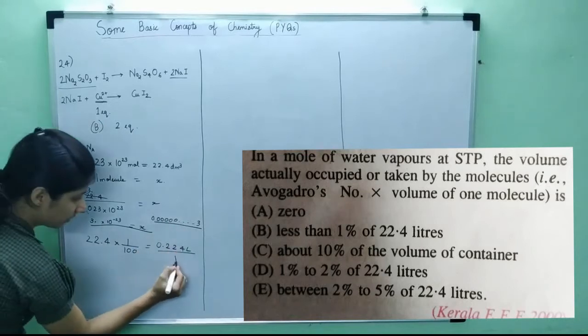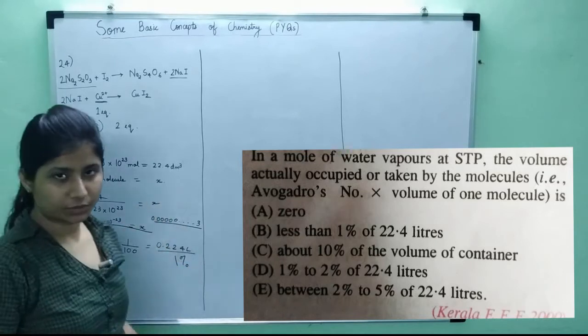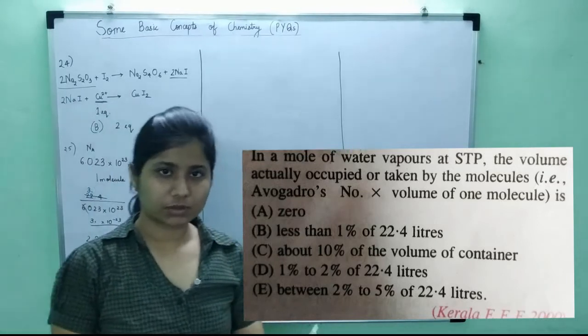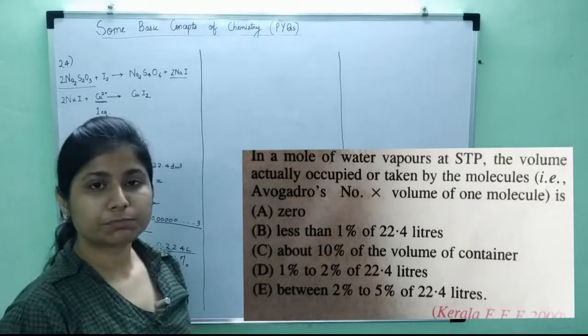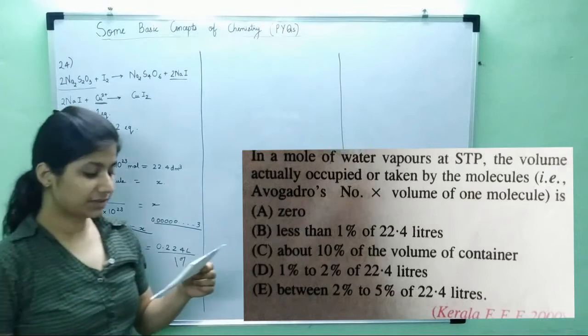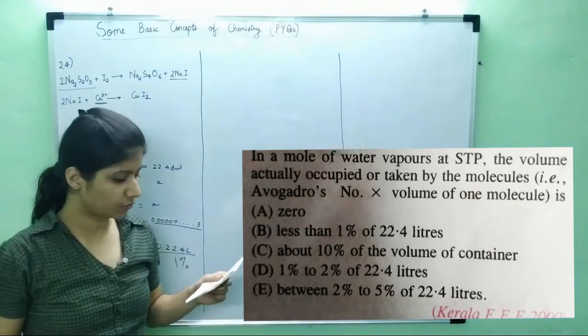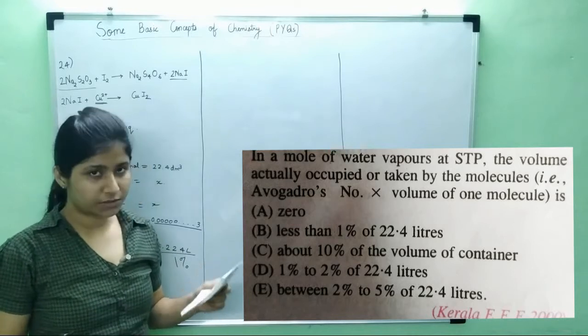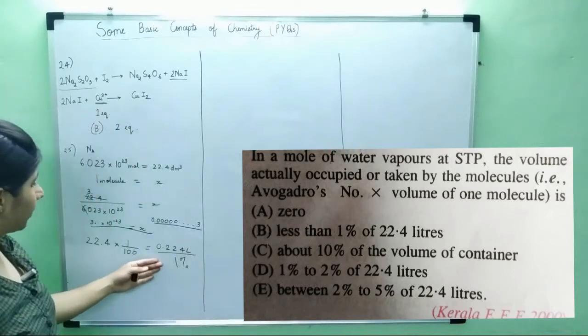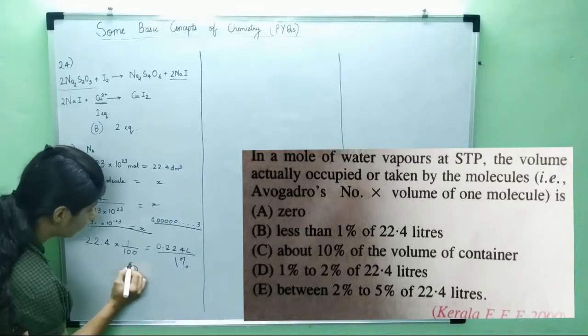This number is less than 1%. Do you agree? So the second option is right, less than 1% of 22.4 liters. About 10% is a very large volume; one molecule will not occupy such large volumes. Between 1 to 2%, no, we have already found that this is less than 1%. So option B is the right answer.